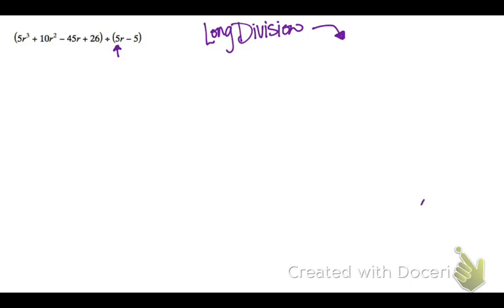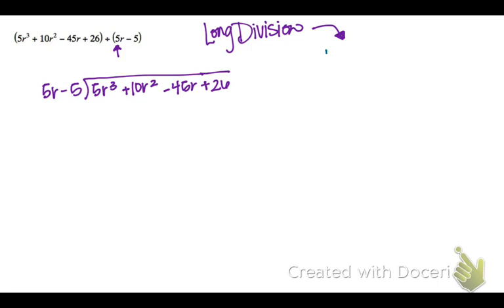So the first step here is to obviously write it out like a long division problem. So if we have 5r minus 5 and we're dividing 5r cubed plus 10r squared minus 45r plus 26. So the first step, and I'll do this in colors, is to divide, and you always divide first with first.